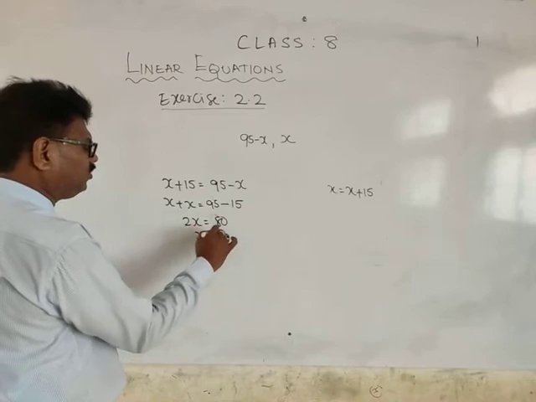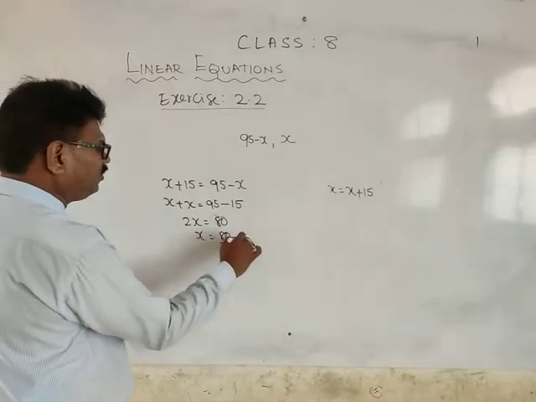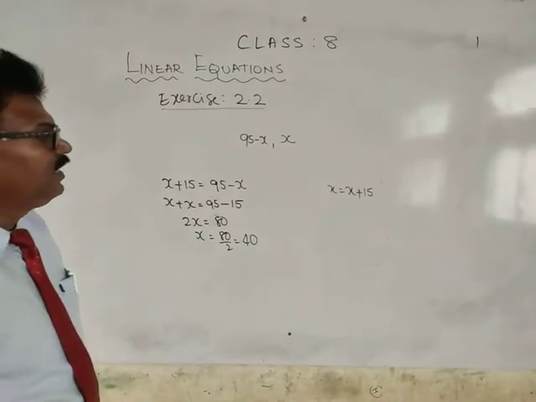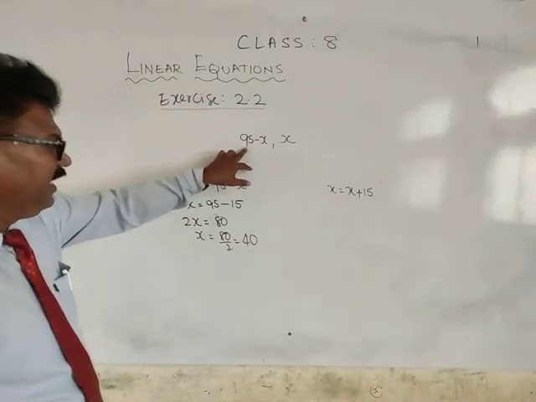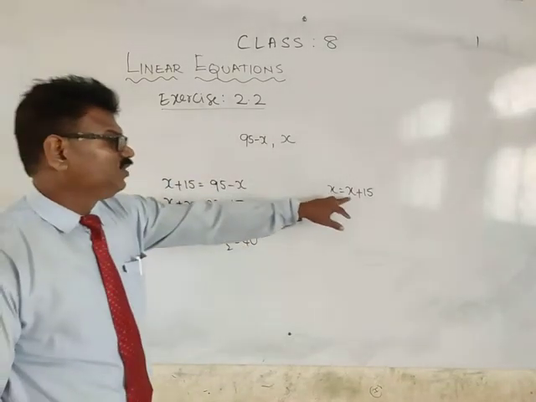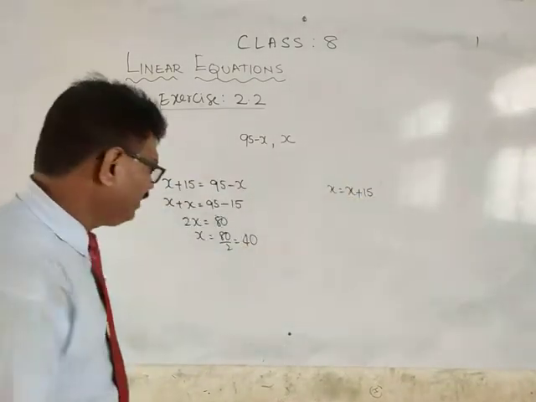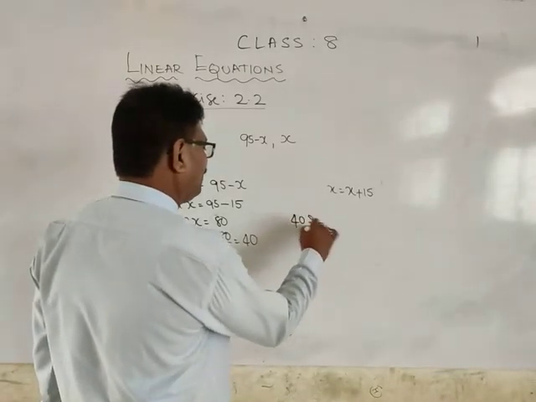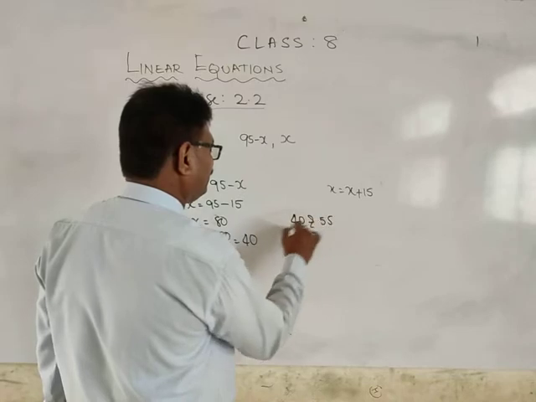Therefore, x equals 80 by 2, which is 40. Therefore, 95 minus 40 means 55. 55 means 40 plus 15. Therefore, the numbers are 40 and 55.